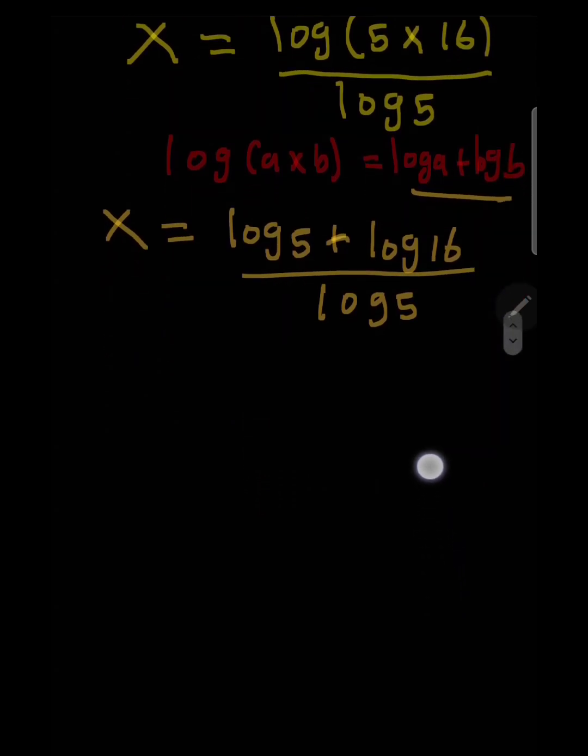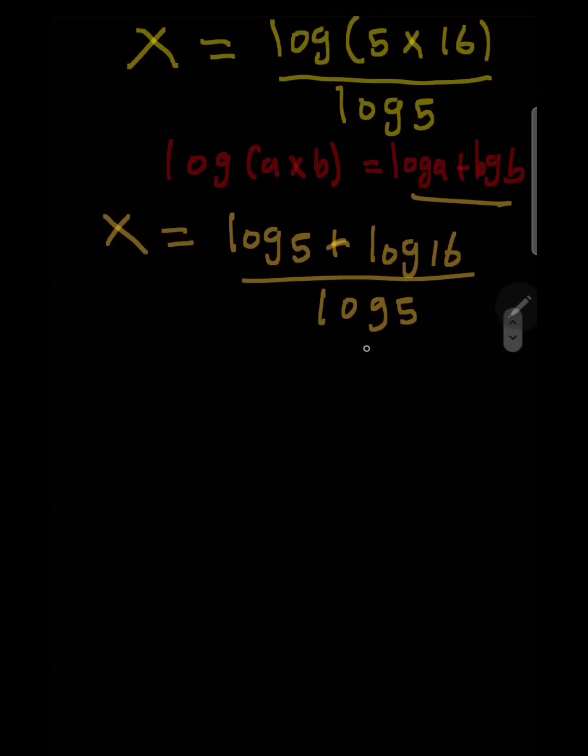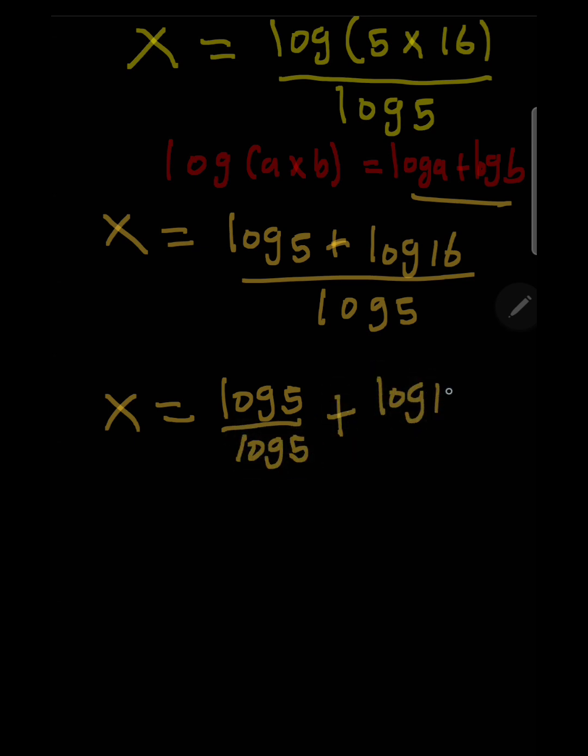Since the denominator only has one term, the two terms in the numerator can share this denominator. So we have x equal to log of 5 divided by log of 5, plus log of 16 divided by log of 5.